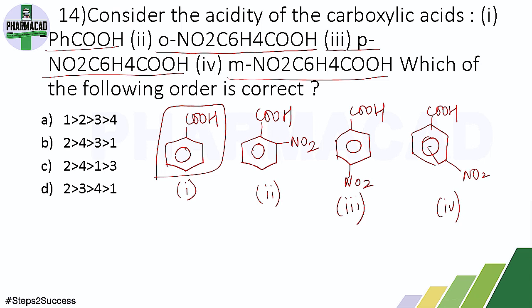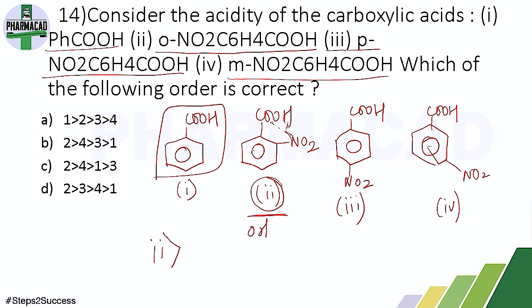But the ortho-nitrobenzoate ion is stabilized by intramolecular hydrogen bonding in this case. Hence its strength is maximum. So the acidic strength of the second compound is more. It also has the ortho effect.